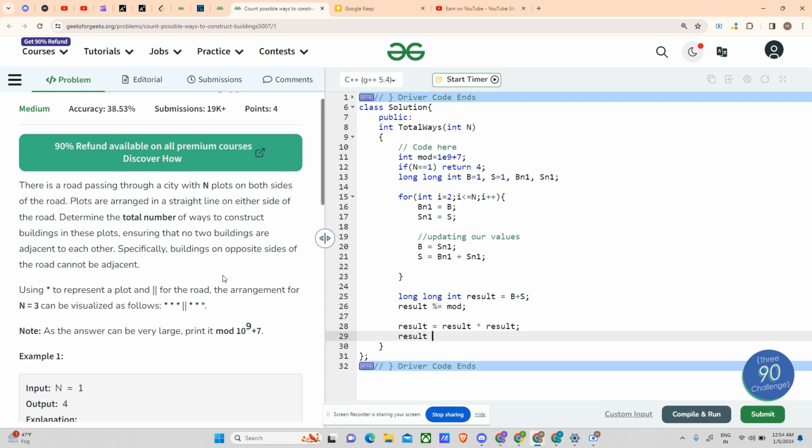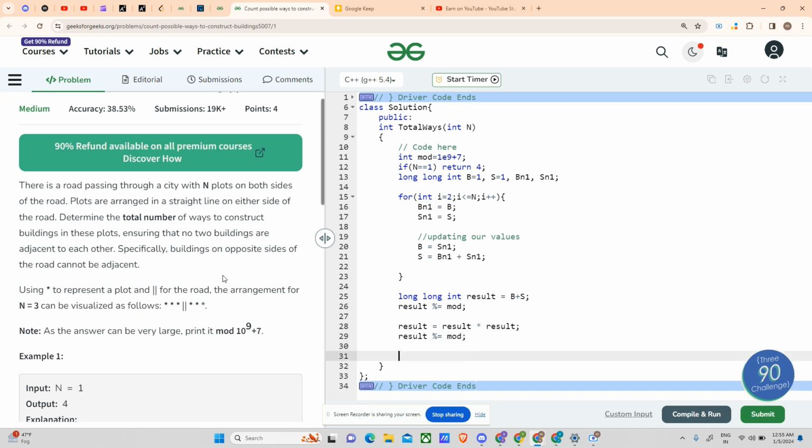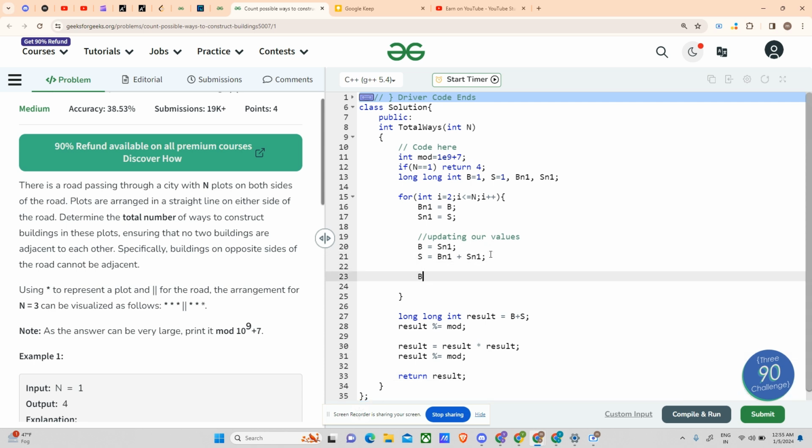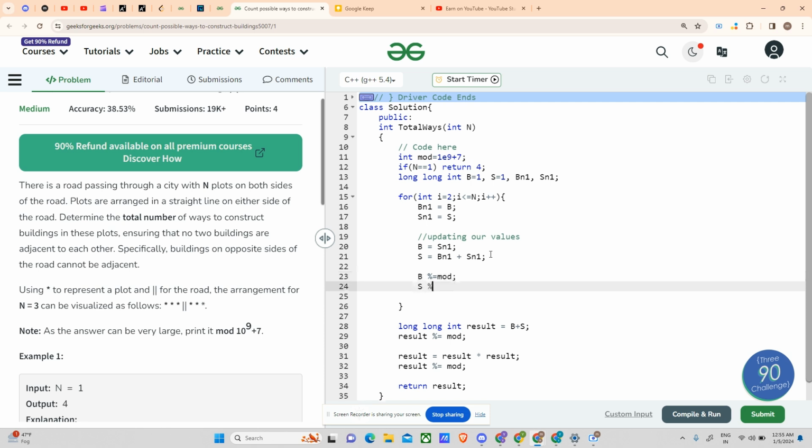Result will again become equals to the mod of itself with 1e9 plus 7 and at last return result. And also for safety, when you are updating b and s, take the mod of them also so that we do not get a garbage value during processing.